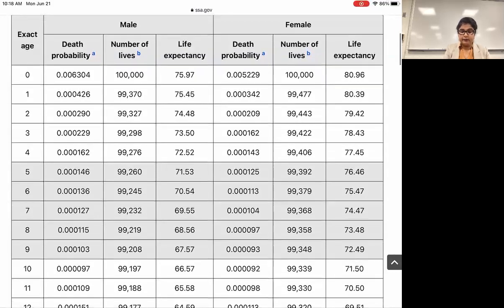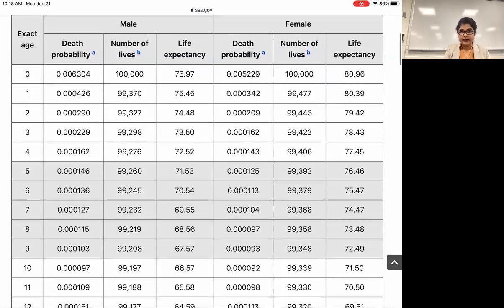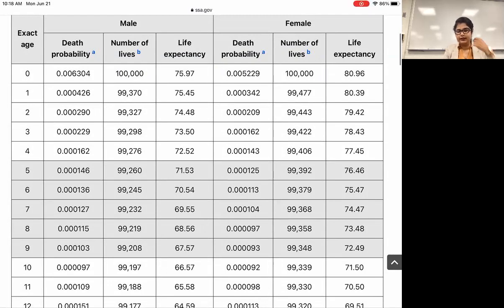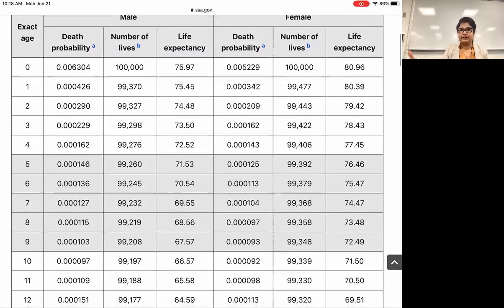If a baby boy is born, age 0, the probability of his death is 0.006304. It means it is very unlikely, about 0.6%, that the infant is going to die.